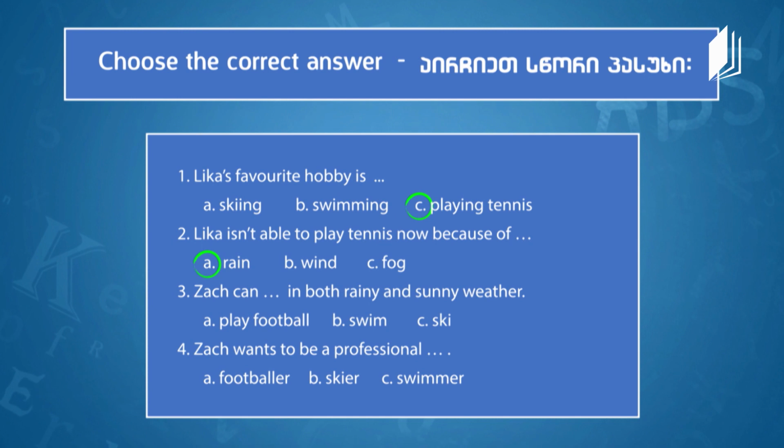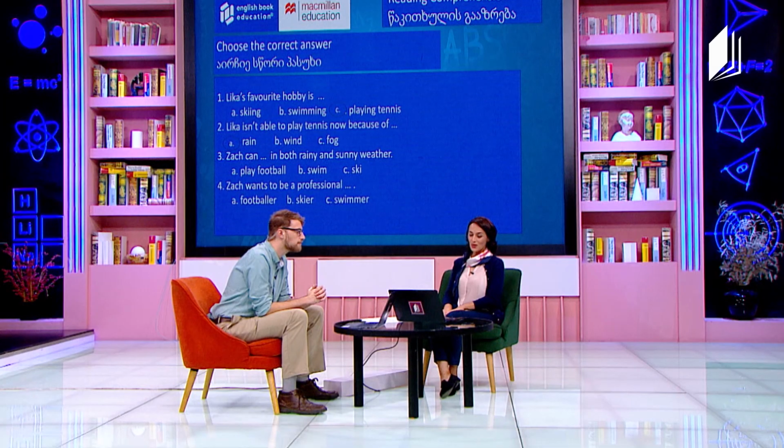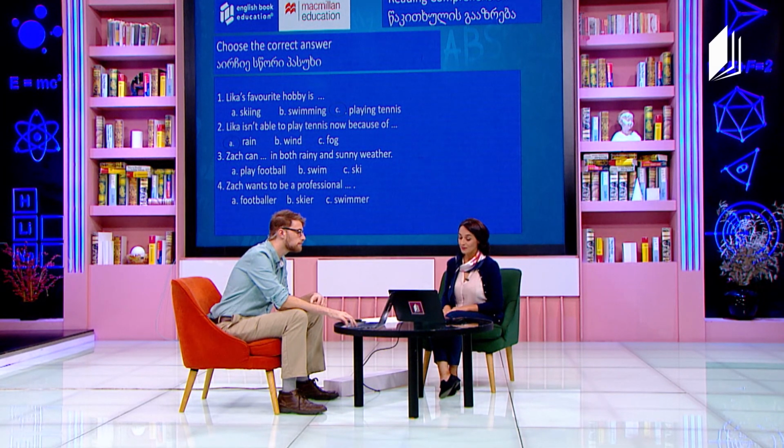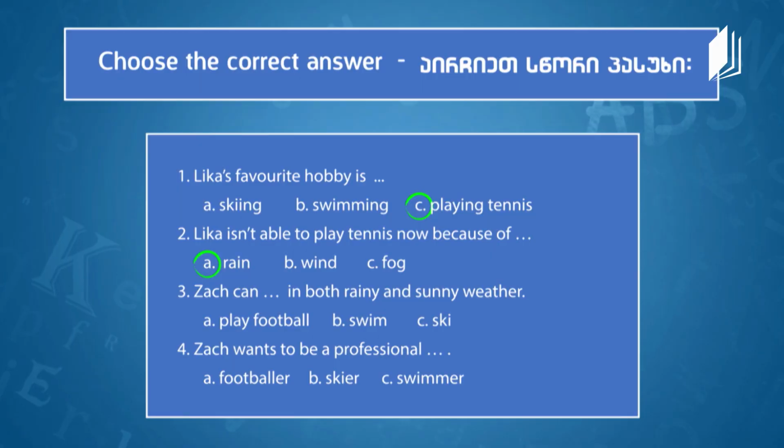It's A, rain. Now the next one, Zach can play some football or swim or ski in both rainy and sunny weather. And what's your answer? Yes, the answer is swim about Zach, right?